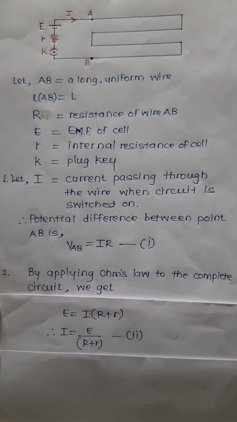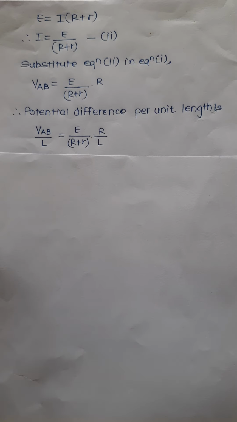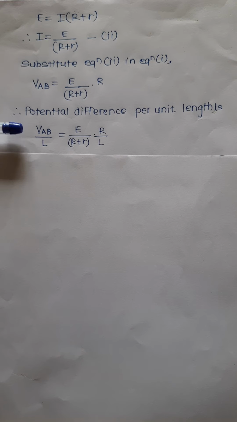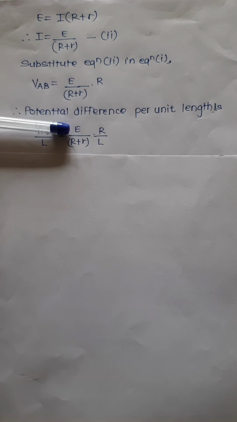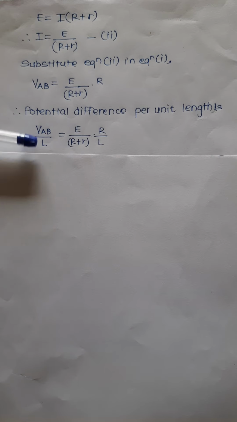Now substitute equation 2 in equation 1 and we get potential difference between points A, B is equal to E upon R plus small r into R. Now to get potential difference per unit length, divide this equation by length L. Now in this equation, ratio VAB upon L is constant for same circuit. मतलब as long as we keep this EMF same, तो ये रेशियो क्या रहेगा? सेम रहेगा.